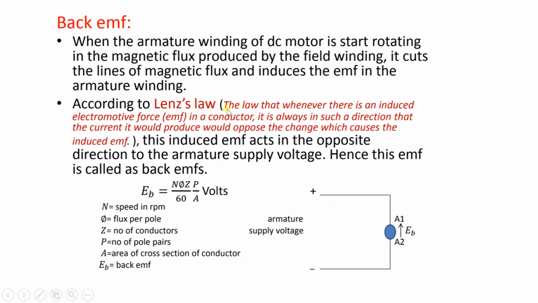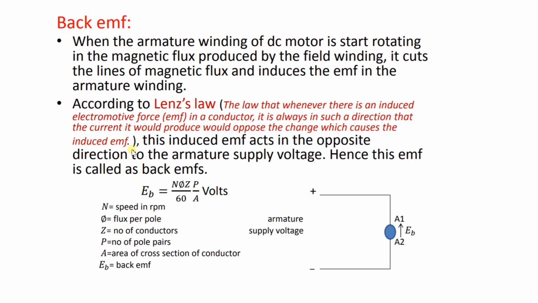According to Lenz's law, whenever there is an induced electromotive force, that is EMF, in a conductor, it is always in such a direction that the current it would produce would oppose the change which caused the induced EMF. This induced EMF acts in the opposite direction to the armature supply voltage. Hence, this EMF is called back EMF.